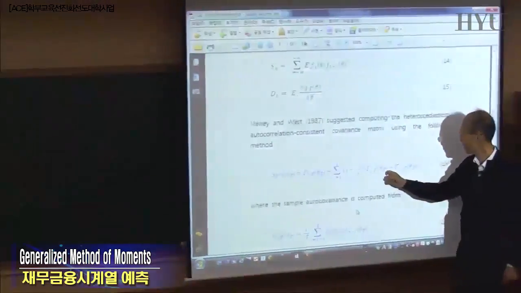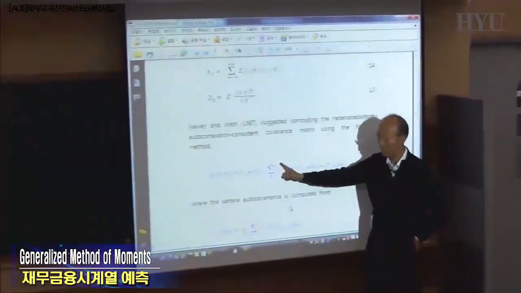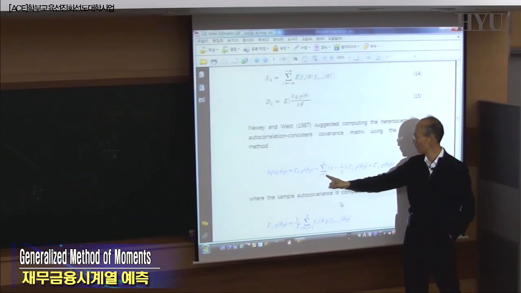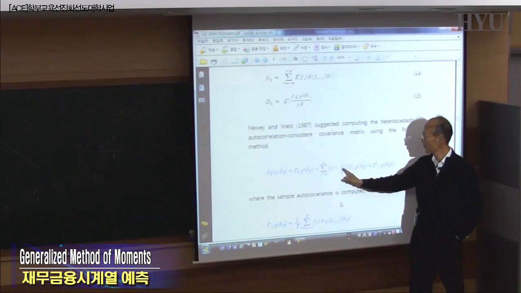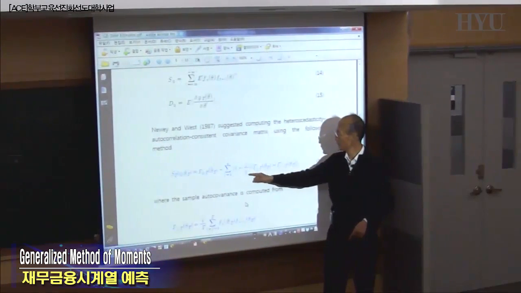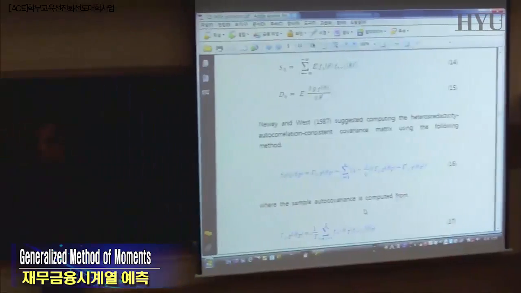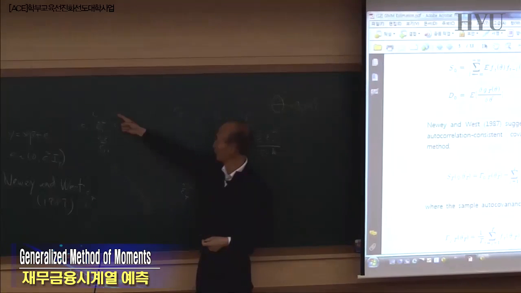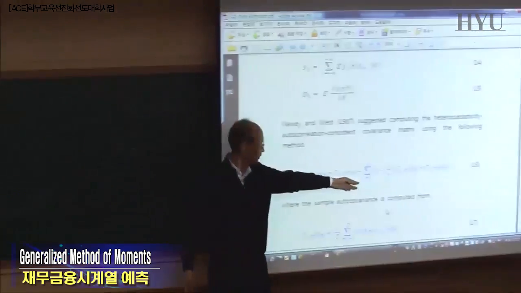So you have covariance this side and that side, symmetric, so two of them. And then you have a weight. So maximum is J goes to Q. So 1 minus 1 over Q is the weight for the first lag. And 1 minus 2 over Q is the weight for the second lag, and so on. So basically that's what it is.